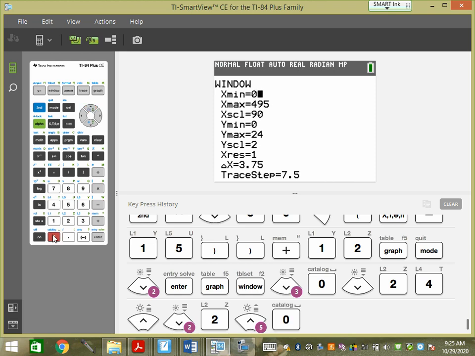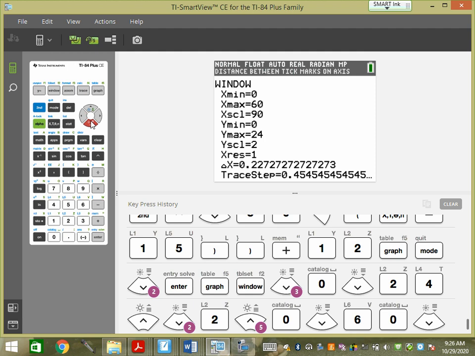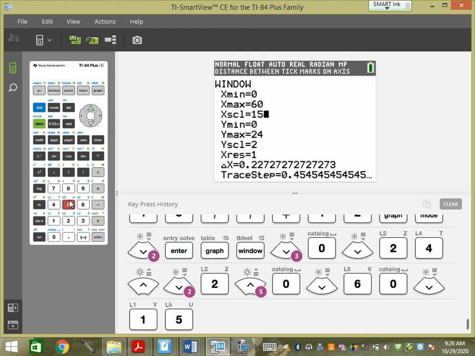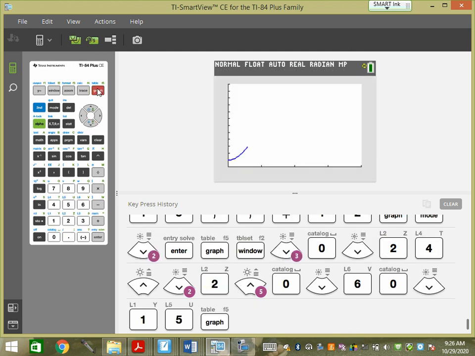When did it repeat itself? Every 60, correct? And it wants it on the first 60. Could I do 120 so I could see 2 of them? Sure, but do I want the answers only in the first 60? Yeah, so I'm not going to go more than 60. My x scale I'm going to make 15. Graph. It looks so much prettier when my window actually matches what I just found, right?